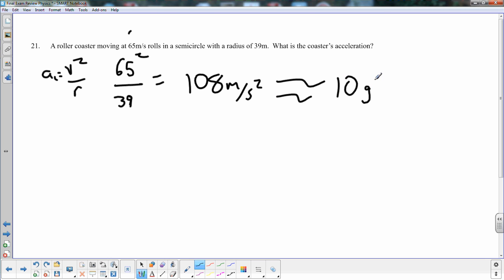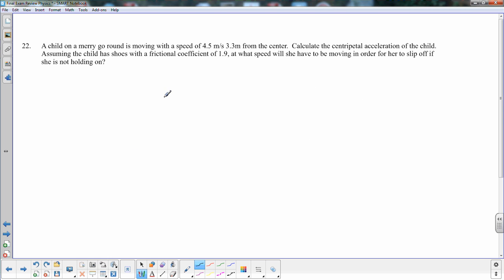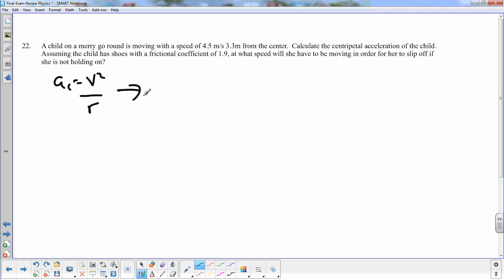So first off, a_c equals v squared over r. 4.5 meters per second all squared over 3.3 meters. So 6.13 meters per second squared, 0.6 Gs. Cool. So there's the centripetal acceleration.